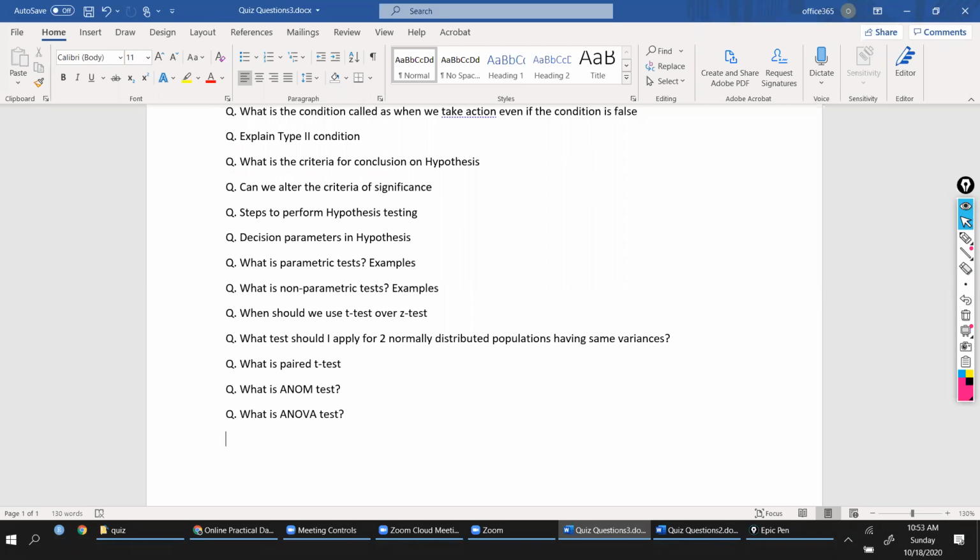What would be the metric that is used in non-parametric test cases?